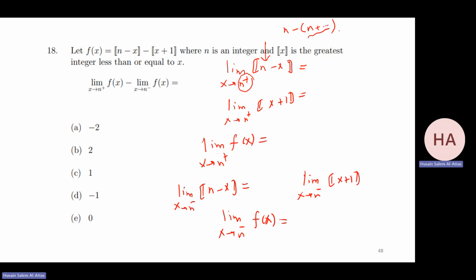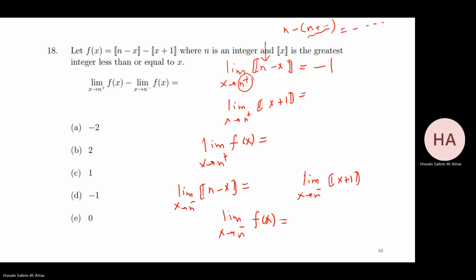If you do the calculation, you will get what? Minus something, and the greatest integer of that will give me what? So it's minus point something, which gives me minus 1.